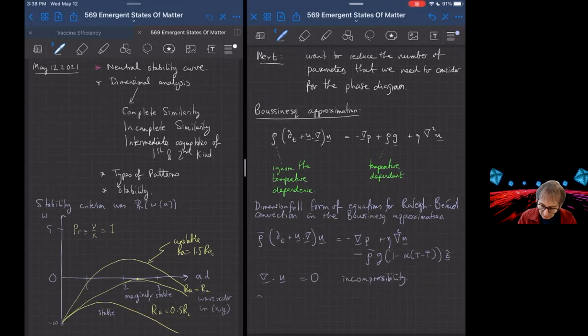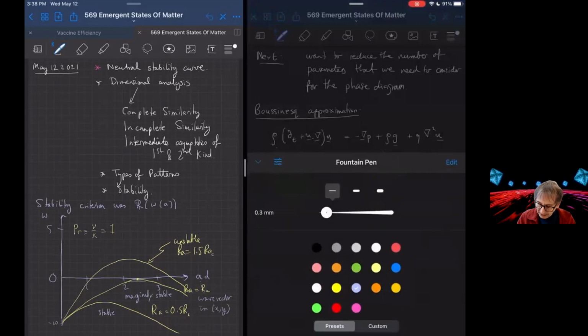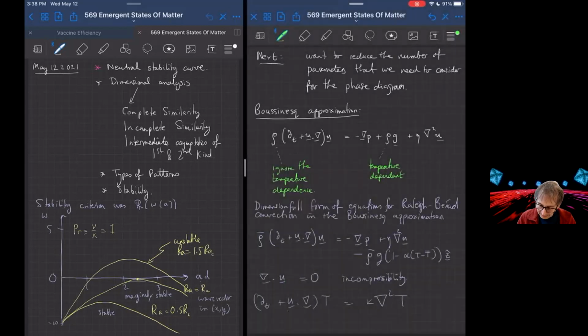And then I have the heat equation, dT/dt plus u dot grad acting on T is equal to kappa del squared T. And this extra term in the diffusion equation is advection. That's the name for it.